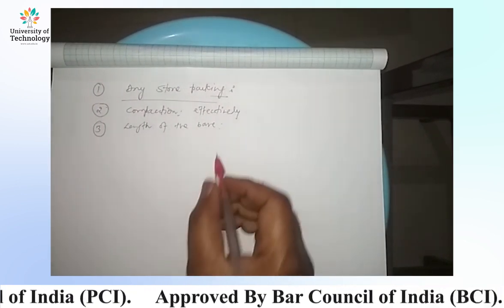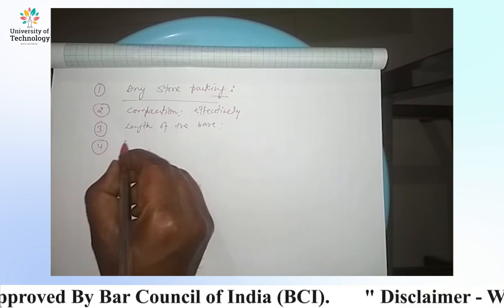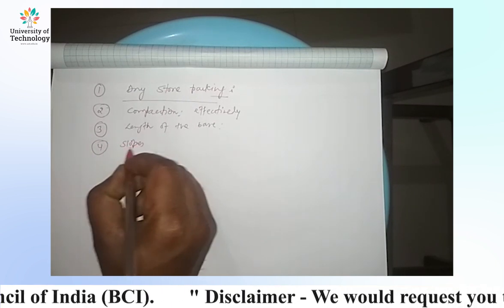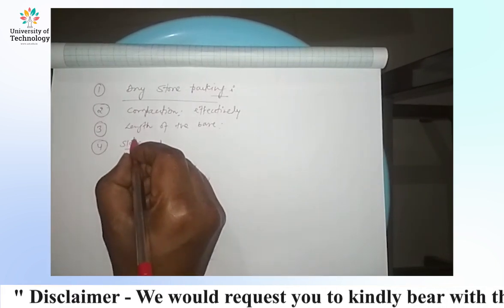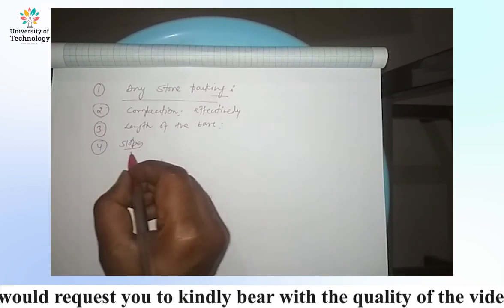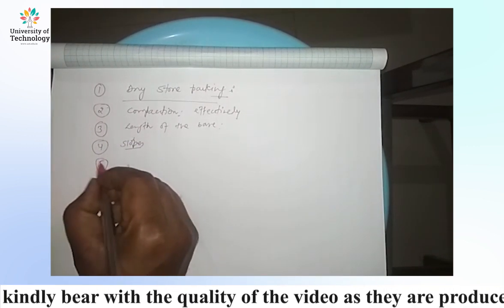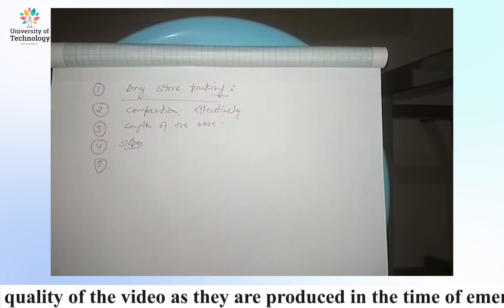Fourth is slopes. Proper slopes should be maintained on both the upstream and downstream sides. Fifth is layer of material.